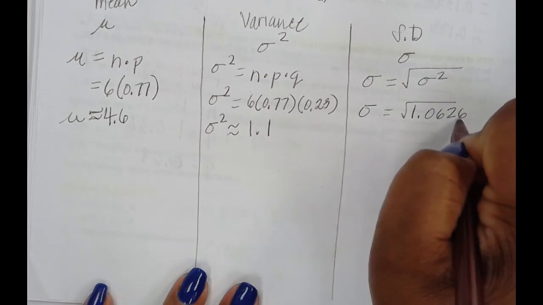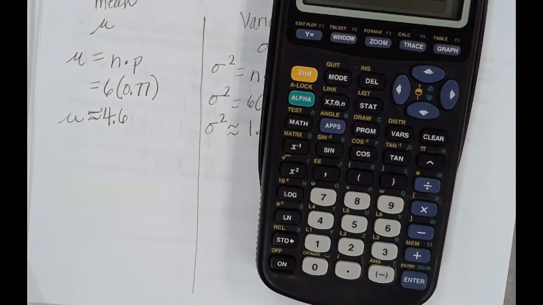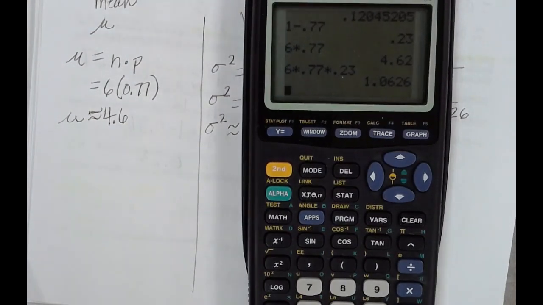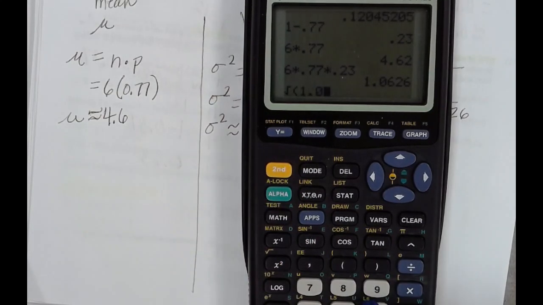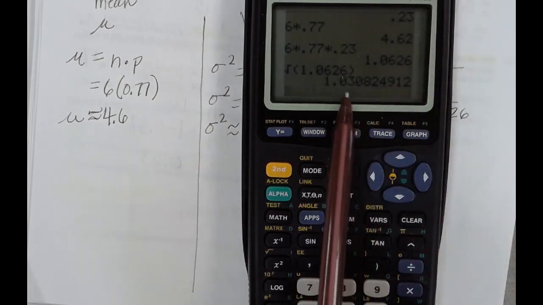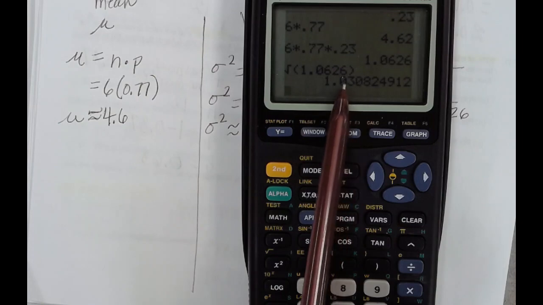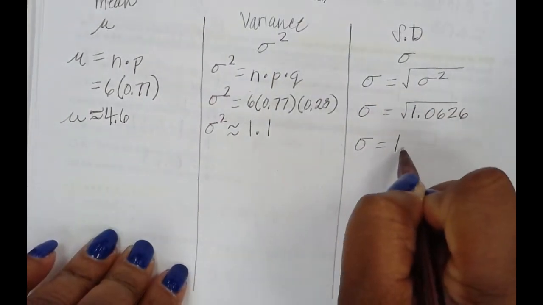Let's calculate the standard deviation, the square root of 1.0626. Let's look at that. If we're rounding that to the nearest tenth, I see 1.03. That 3 does not make this 0 become a 1. So I'm recording the standard deviation as 1.0.